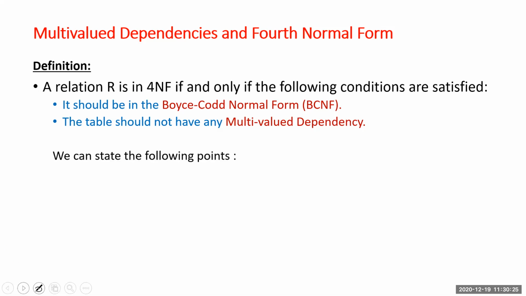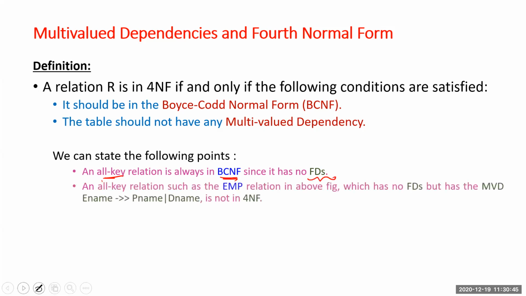So we can state the following points. An all key relation is always in BCNF. Correct? So if a table is an all key relation, then it will be in BCNF because there will be no FDs, because everything is a primary key.